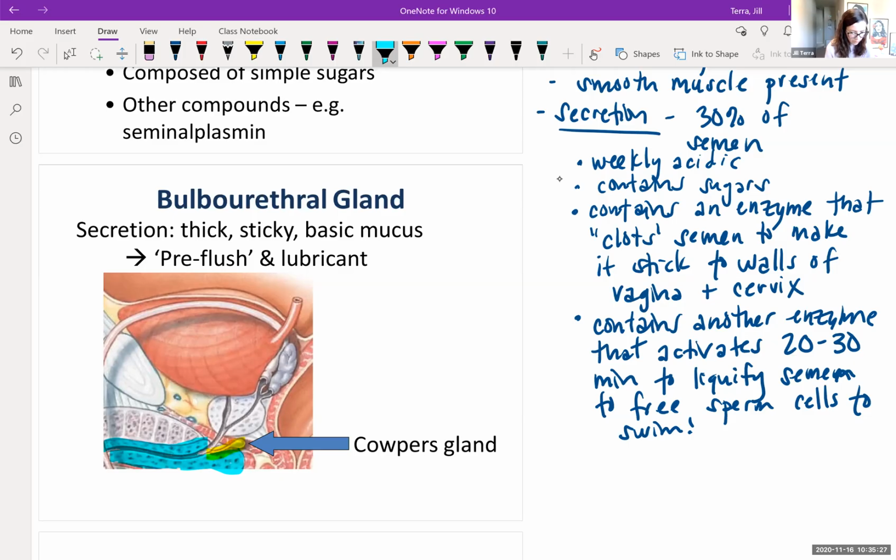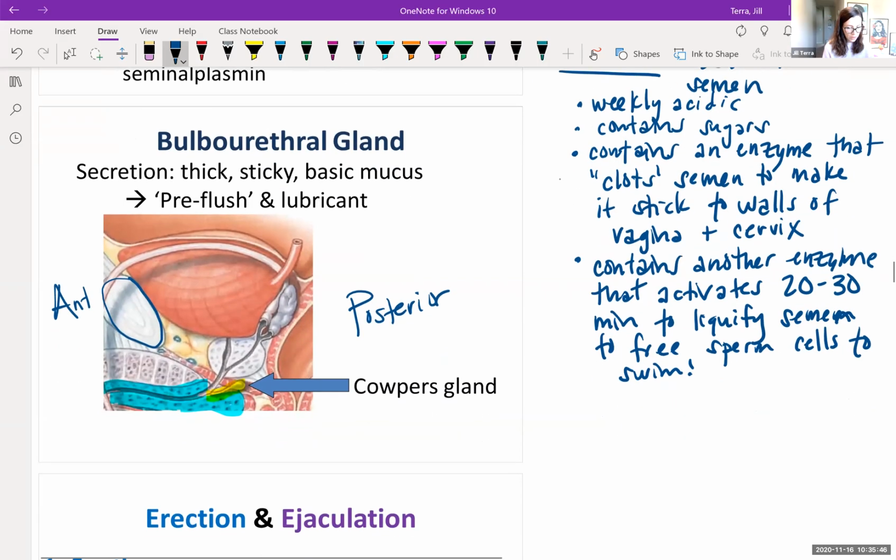This is internal, this is like the coxal bone, the front of it. Okay, so this is anterior, this is posterior. We're looking at a side view, and again, it's sitting underneath the prostate gland.